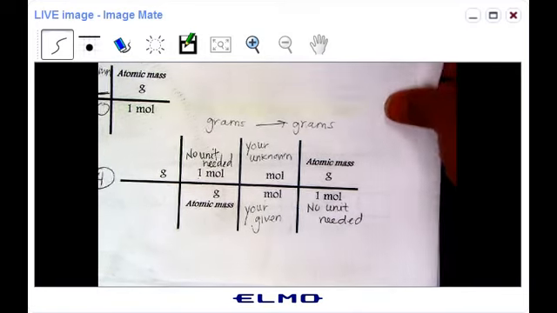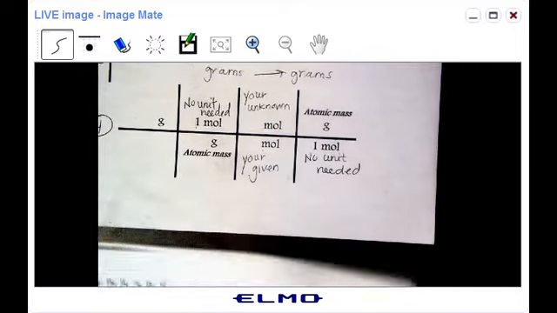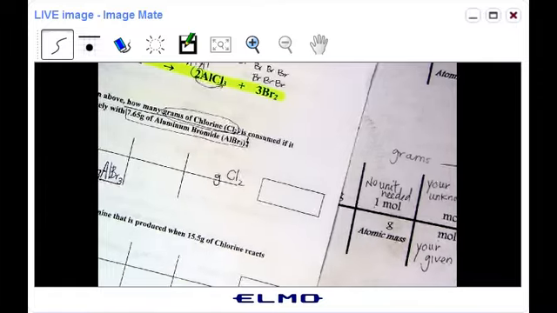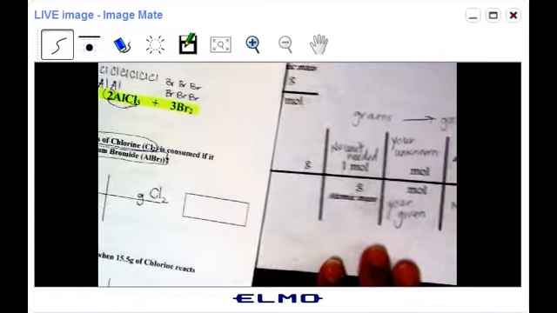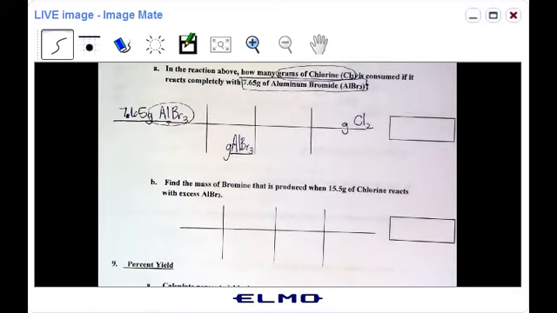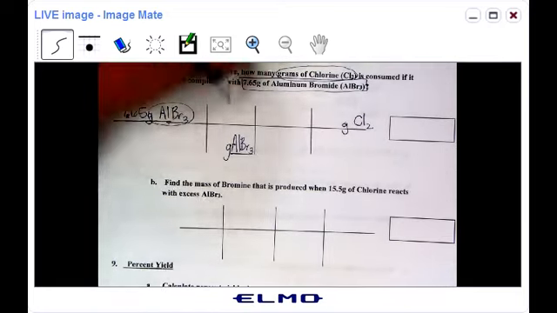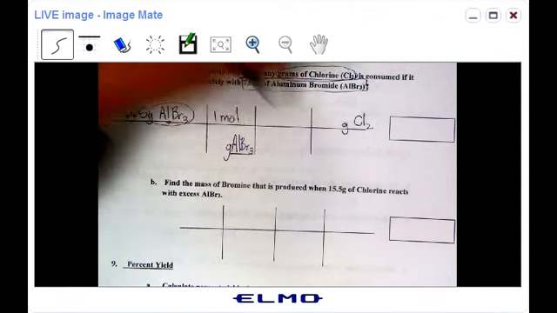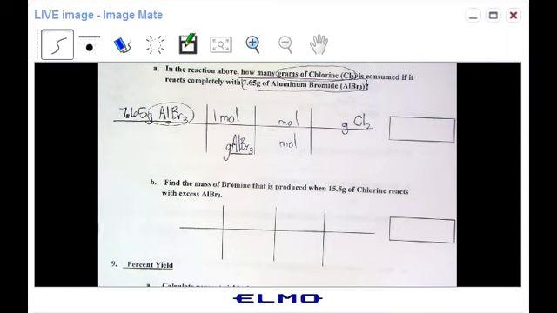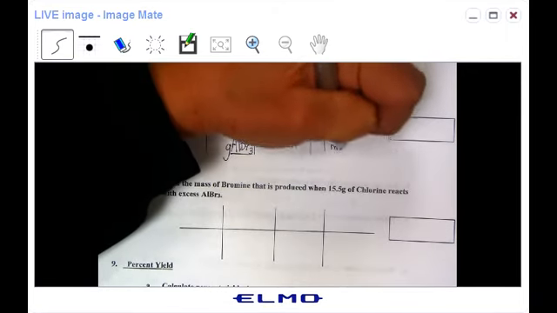So you just copy that to your worksheet. One mole goes on top, mole, mole goes here, and then 1 mole goes here.